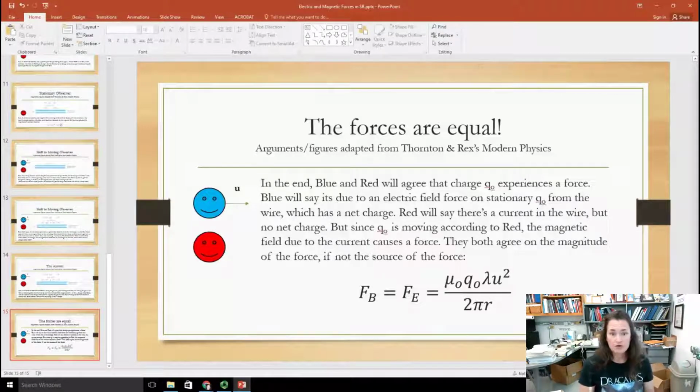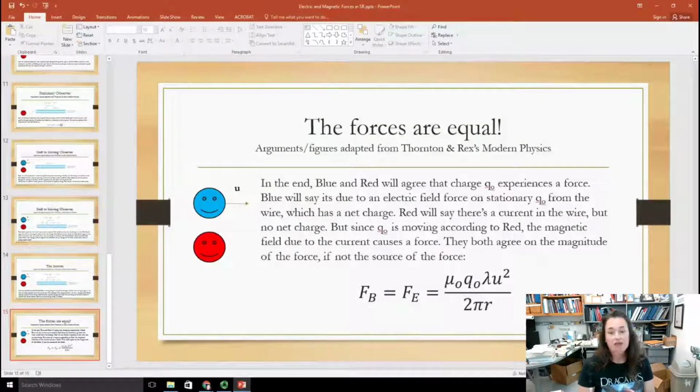However, blue says that that current, while it would create a magnetic field, the magnetic field cannot exert a force on a stationary charge. Red will say there's a current in the wire, but no net charge. And since Q naught's moving according to red, the magnetic field due to the current causes a force. They're both going to agree on the magnitude of that force, if not its source.